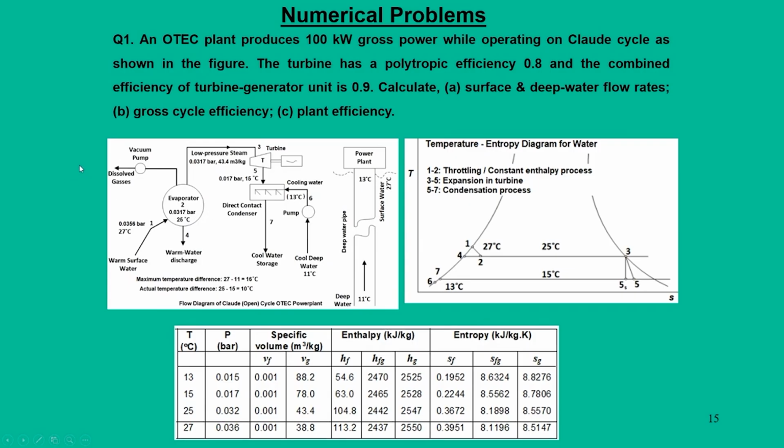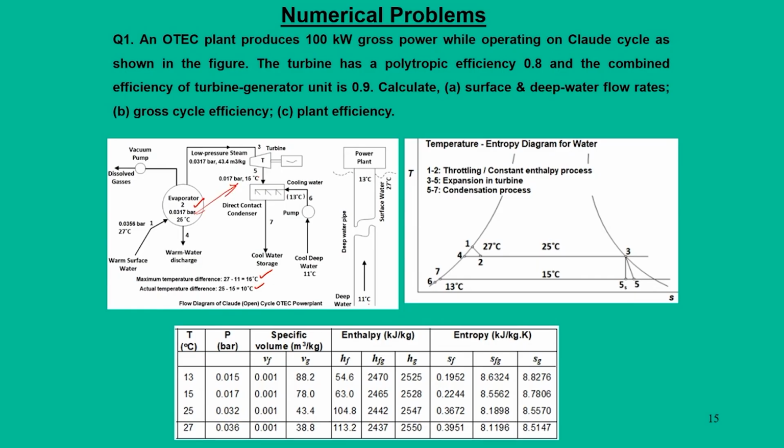Already I have told you that the maximum available temperature difference, between the surface water and deep water, is 16 degree centigrade, but the actual temperature difference available between this evaporator and turbine exit is 10 degree centigrade.